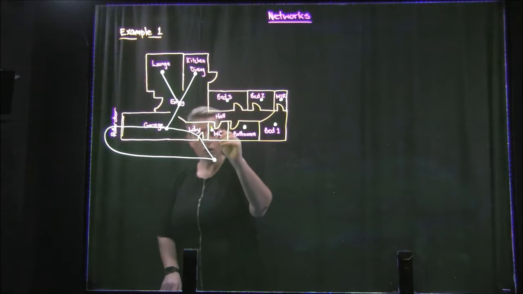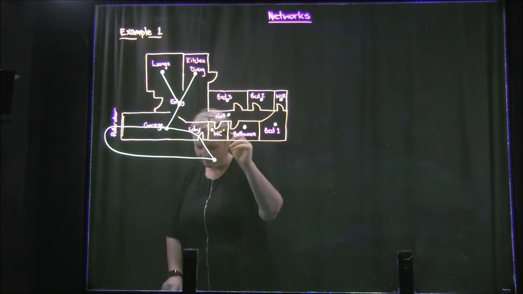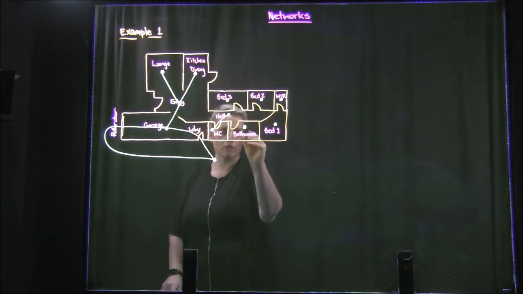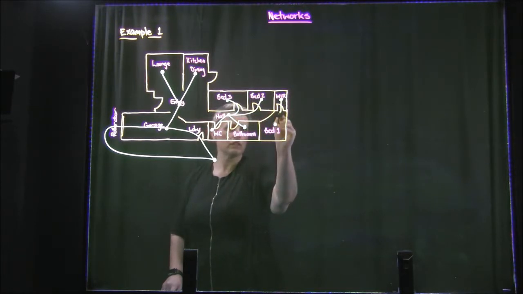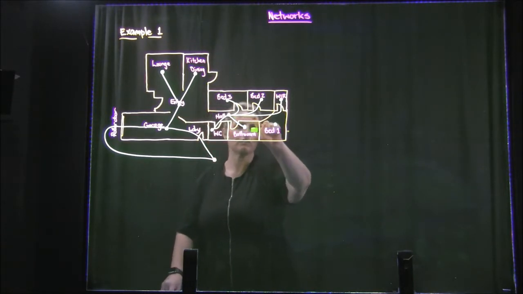We've got water closet too. Oh, we forgot the hall. And I can tell that because that's where the doorways go. Through that doorway, through that doorway, through that doorway. Oh, actually, sorry, I just went through.